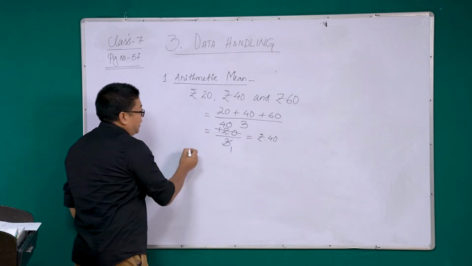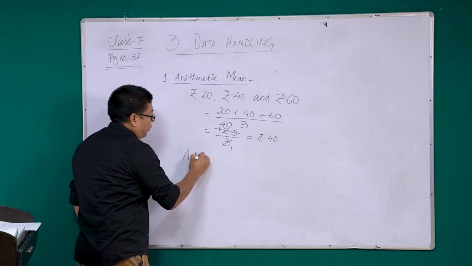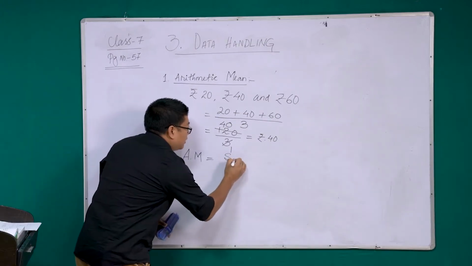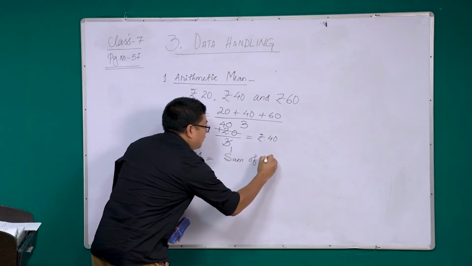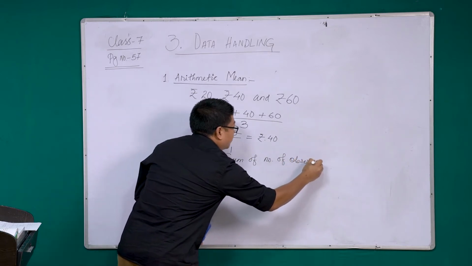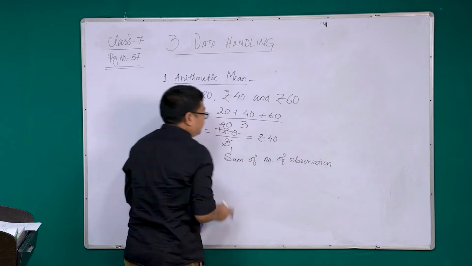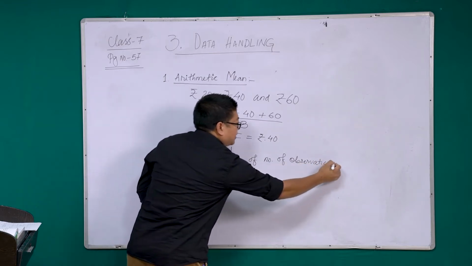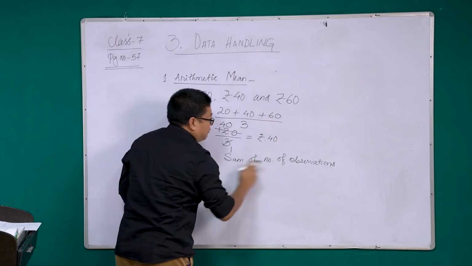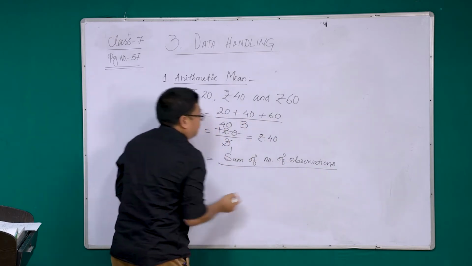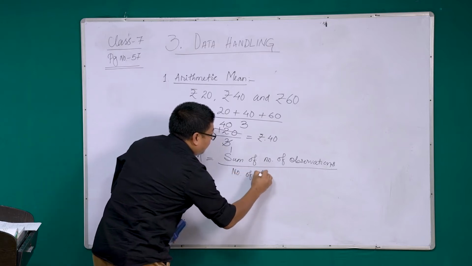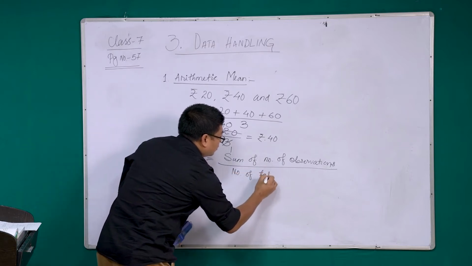Now this arithmetic mean has a formula. The formula is written in this manner: sum of observations divided by the total number of observations. The sum of observations means we are adding them up.